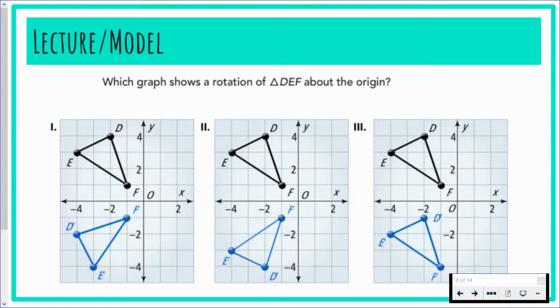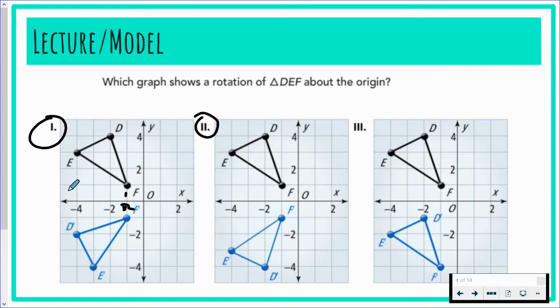Now I want you to try to look and figure out which of these would be a rotation. I'm going to pause in 3, 2, 1, go. All right, hopefully you were thinking number 2. Number 1 to me is looking like a reflection. Point F is one above, one below. Actually, no, it could have been number 1 or 2.